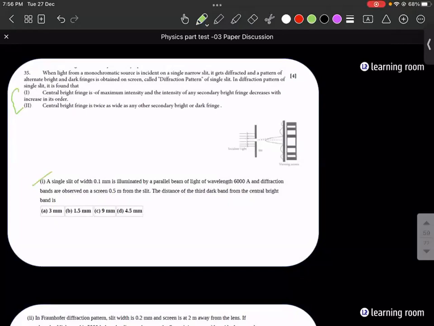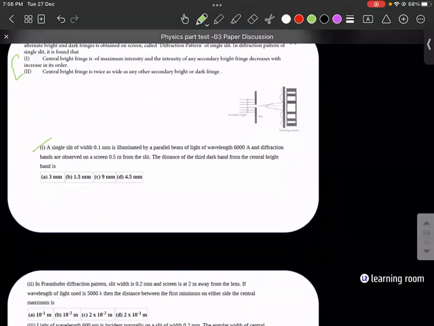A single slit of width 0.1 millimeter is illuminated by parallel beam of light of wavelength 6000 angstrom and diffraction bands are observed on a screen 0.5 meter from the slit. The distance of the third dark band from the central band is how much? Answer.